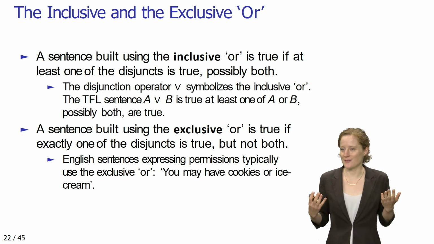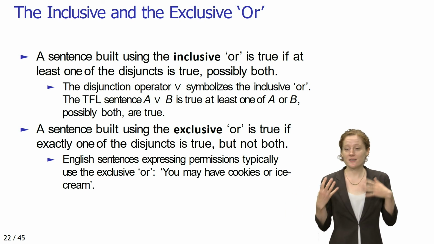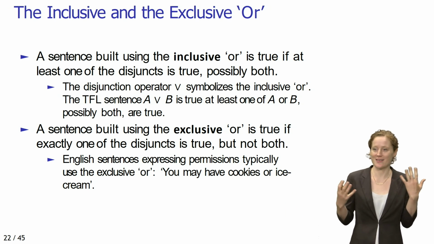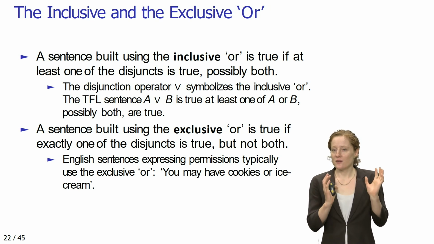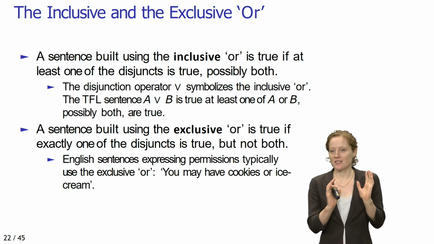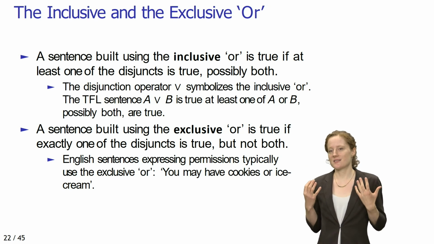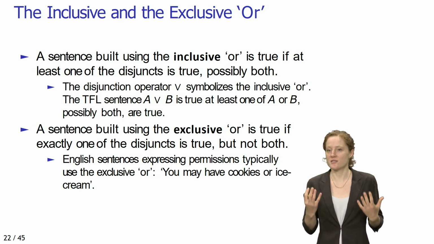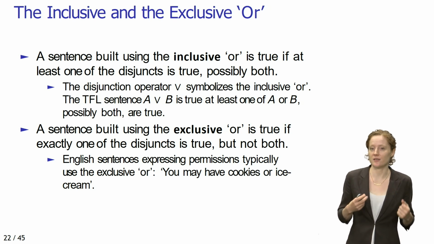Or if you go to a restaurant and they offer either salad or soup as the appetizer, it is usually understood that you can't take both the salad and the soup. So if you look at a TFL disjunction A or B, it's always important to keep in mind that this disjunction expresses the inclusive or and is true even in cases where both A and B are true.